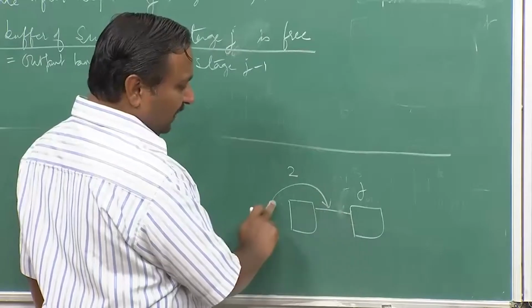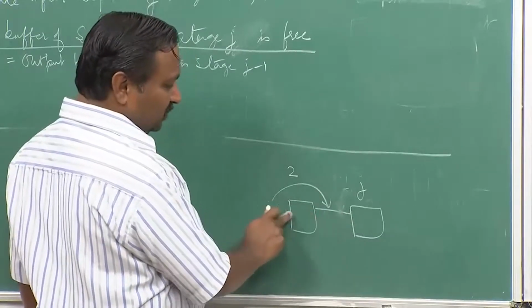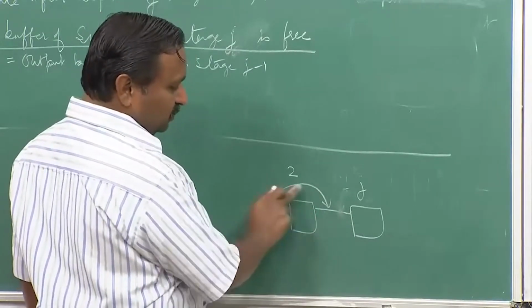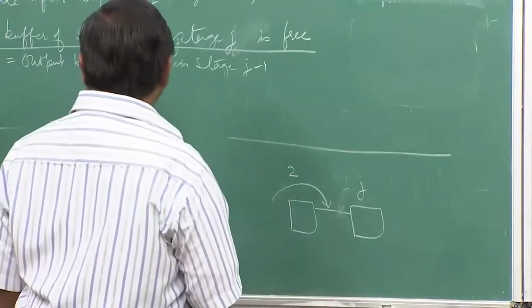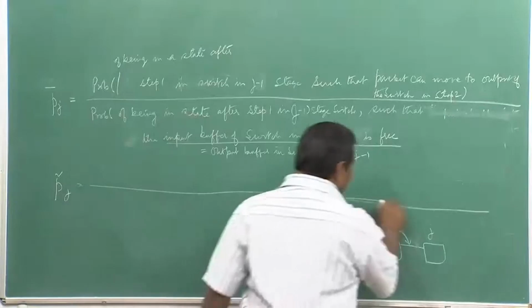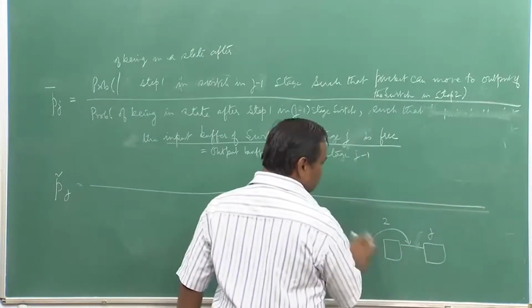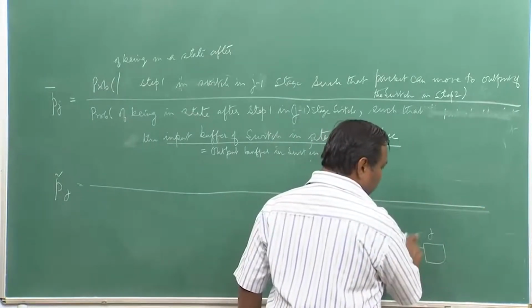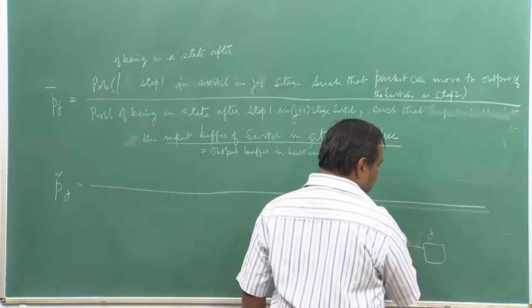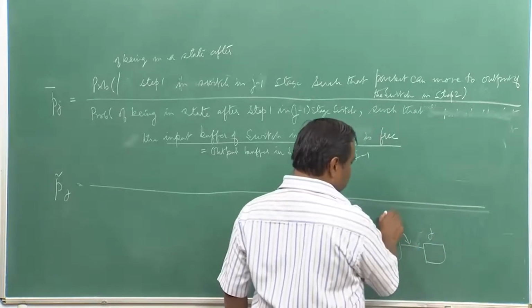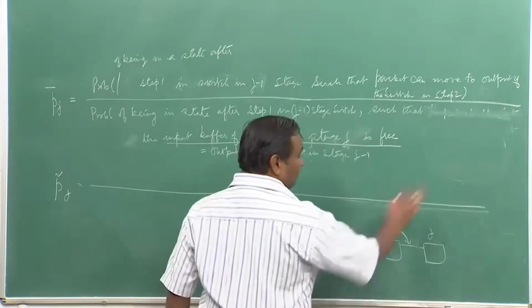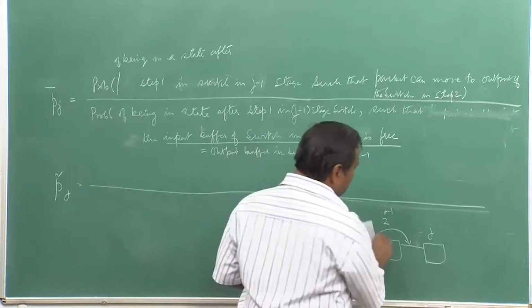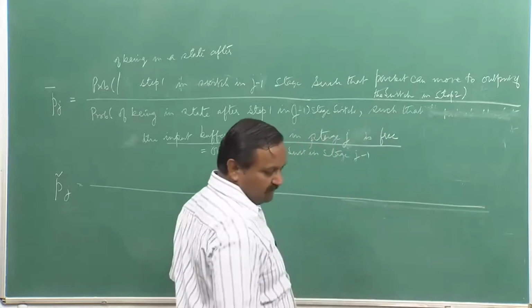And if there is no packet, what are the chances that a packet will come? So you have to find out what is the state of this switch after step 1. So that will be governing. So let me actually list down in the denominator all the states such that this input of this particular switch, or the output of this j minus first stage switch, is actually free. So let us look at those and then write down the expressions.